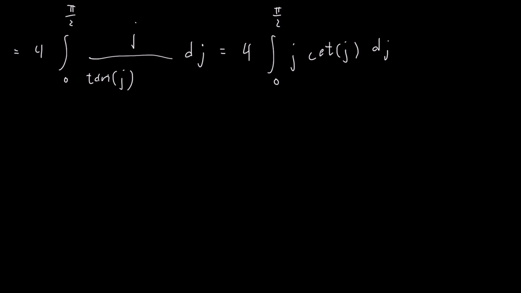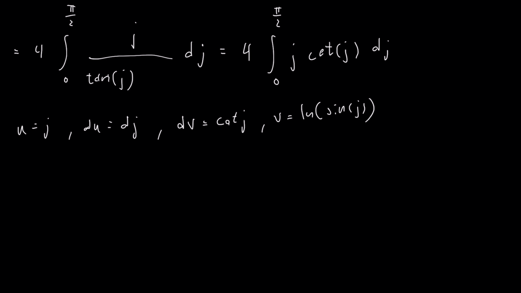And from here we'll use integration by parts once again. I'm going to let u equal j, which means that du equals dj. We're going to let dv equal the cotangent of j. And the integral of the cotangent of j is the natural log of the sine of j.